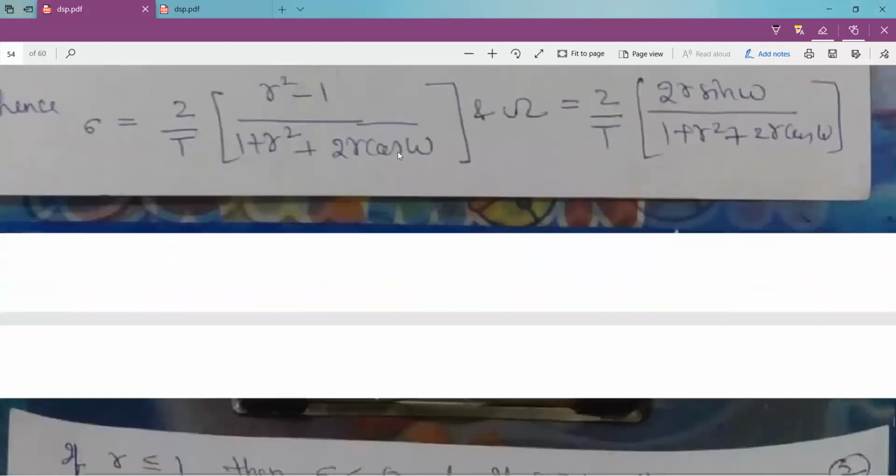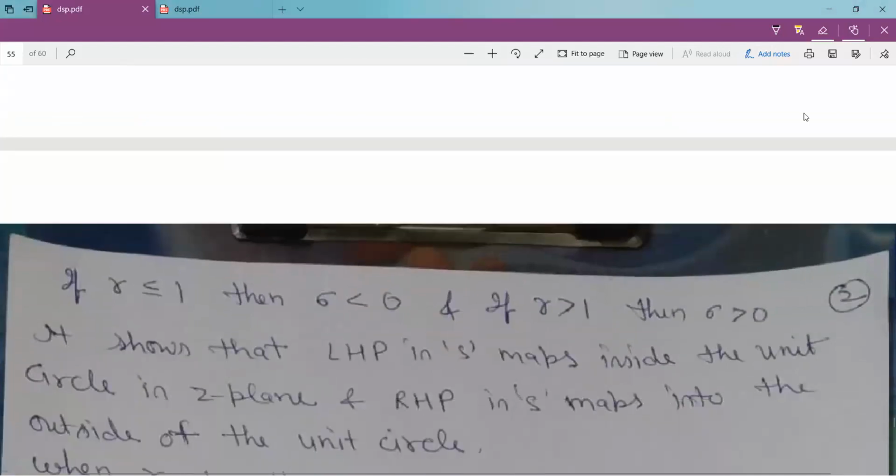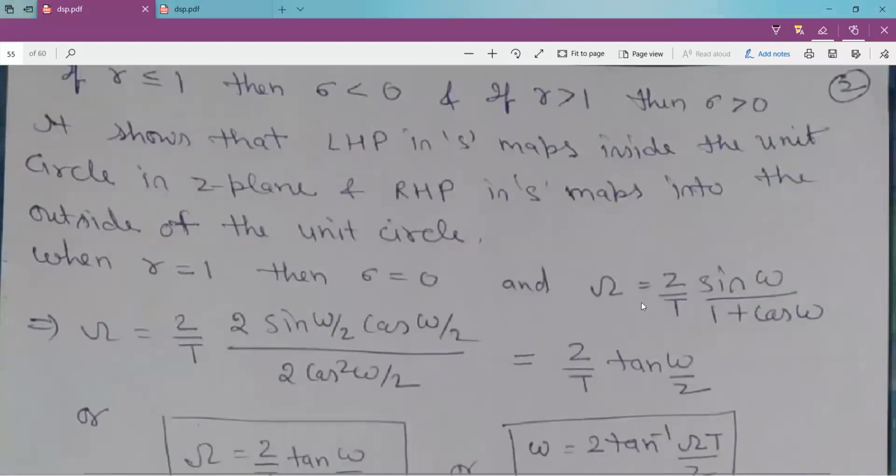After that, we put R equal to 1 in this equation, where sigma equals 0. After putting R equal to 1, we are able to simplify this relationship like this.